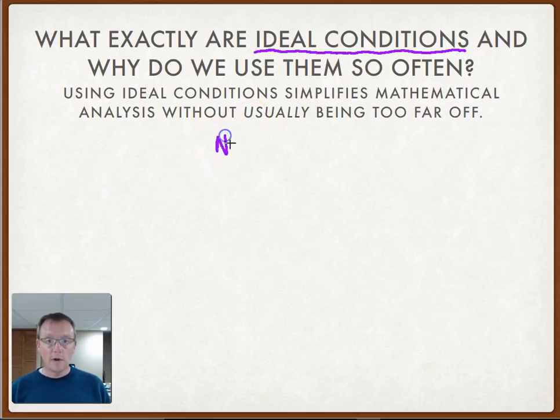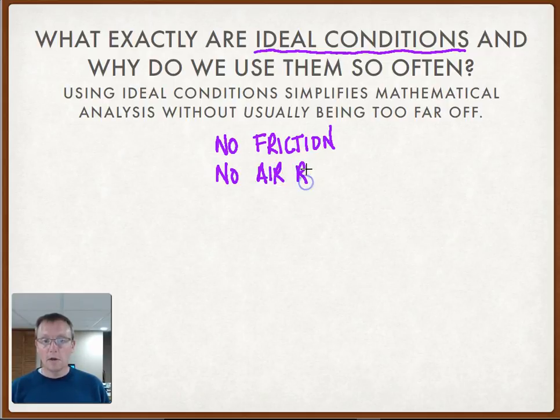Ideal conditions, we assume that there's no friction between two objects that are moving past each other, and we assume that there's no air resistance. If you prefer the term drag, you can go ahead and use that as well. For vehicles, usually air resistance is called drag. So those two together make up the fact that we have ideal conditions.